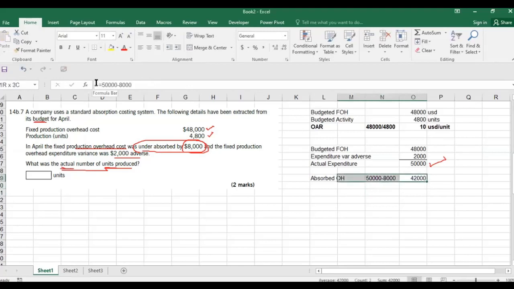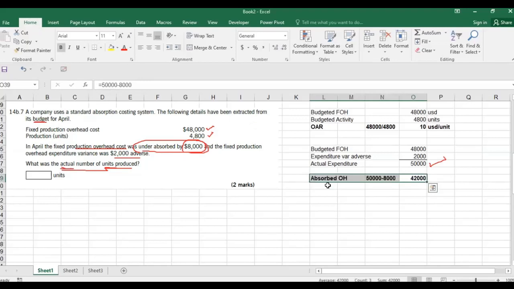So your absorbed overheads are 42,000. You were absorbing at $10 because this was your standard rate. You totally absorbed $42,000 on the base of $10 per unit.